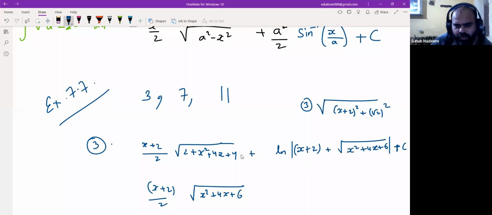And multiplied with something before log? No, nothing. The square by 2 will root be 2 by 2, that will be 1. Fine. Perfect. So you have got the correct answer for the third one.